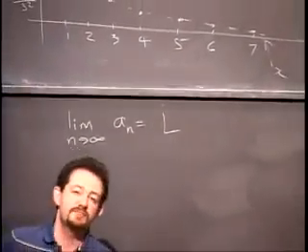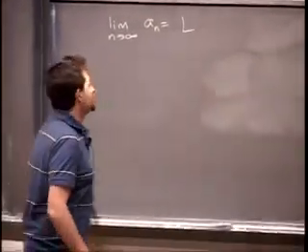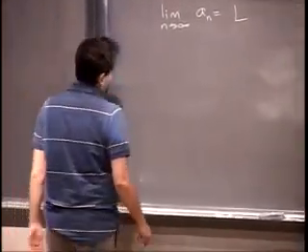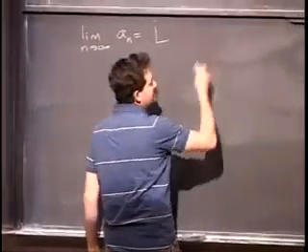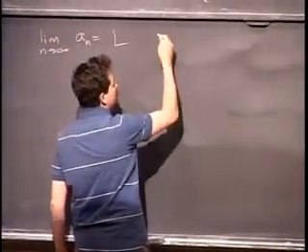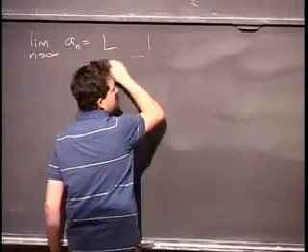So one thing that you can do with sequences that you can also do with functions is, as I've said, take limits. And so here's the general principle that I'd like to espouse. Okay, check this out.